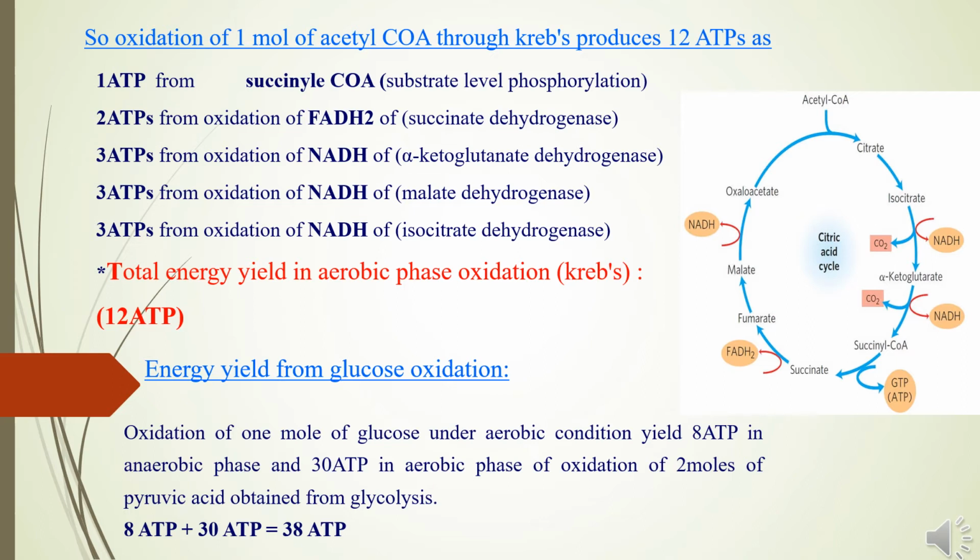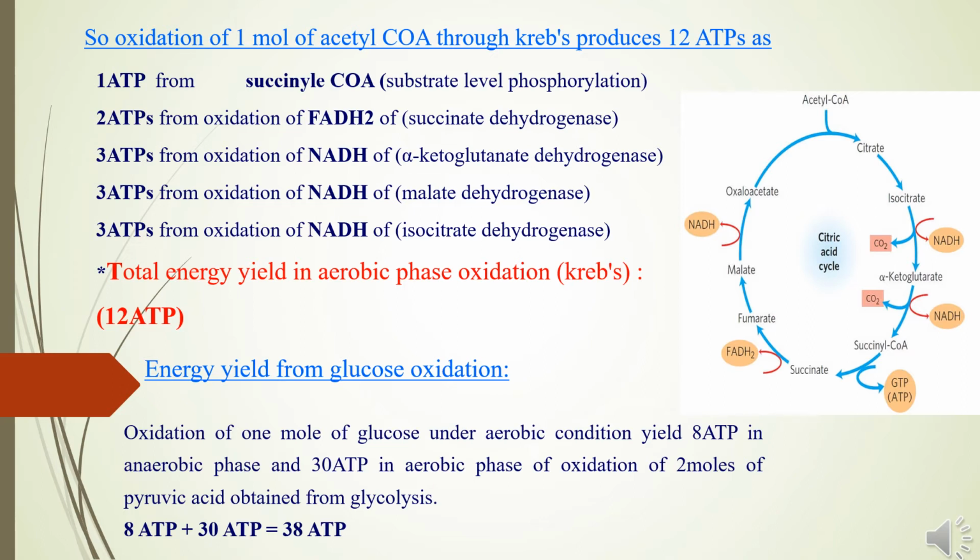These ATP molecules are in the form of 1 ATP from the succinyl-CoA reaction, which is the substrate level phosphorylation reaction, and 2 ATP molecules from oxidation of FADH2, 3 ATP from oxidation of NADH of the alpha-ketoglutarate dehydrogenase reaction, 3 ATP molecules from oxidation of NADH of the malate dehydrogenase reaction, and 3 ATP molecules from oxidation of the NADH of isocitrate dehydrogenase reaction.